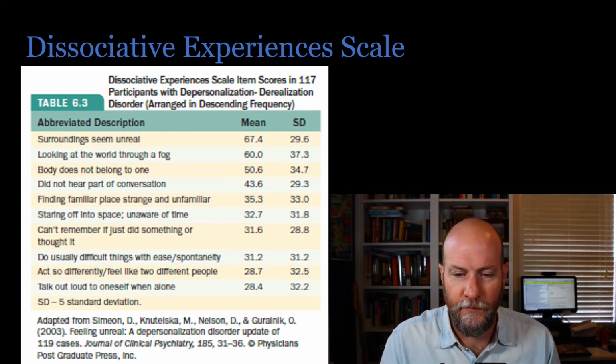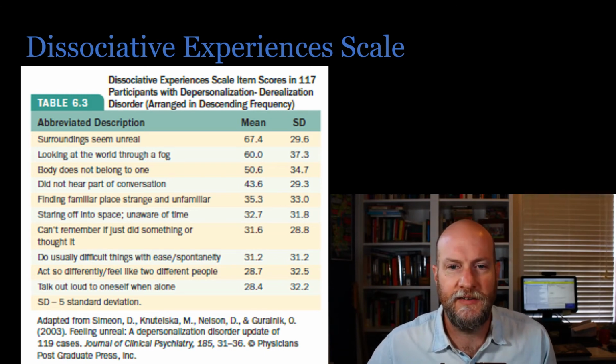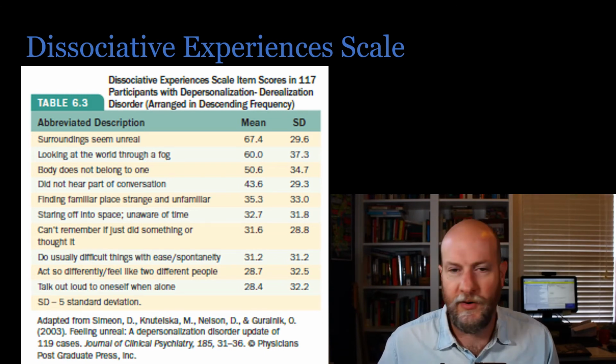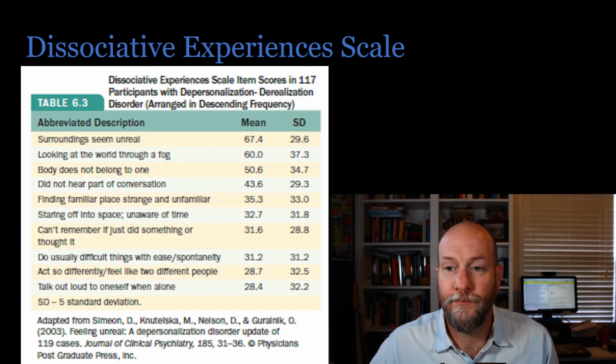So these are all experiences that we have that are related. It's arranged in descending frequency. So going from the top to the bottom, the top is more common, the bottom is less common. And the mean is just the score that people tend to have on this scale. And so as you can see, less common as you go down.